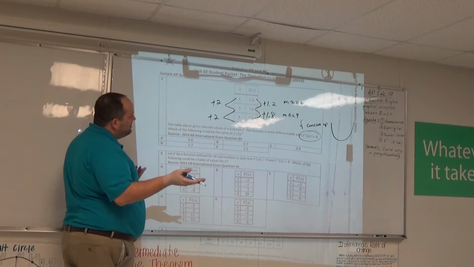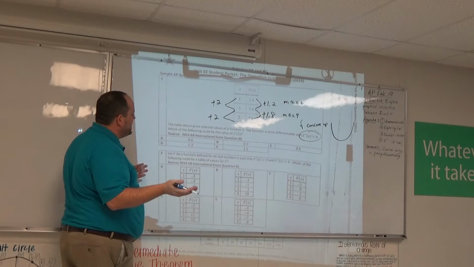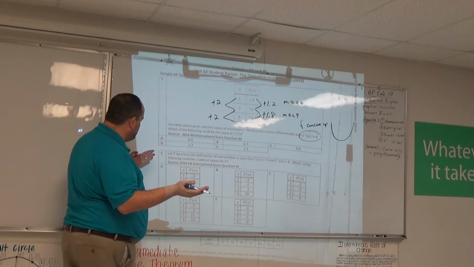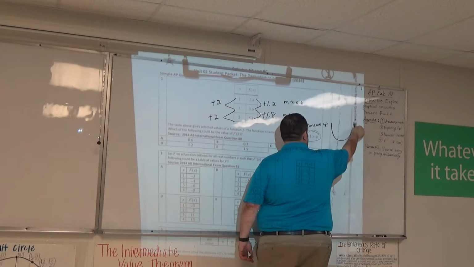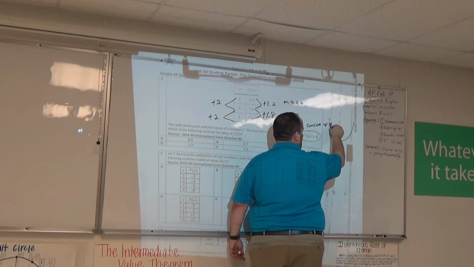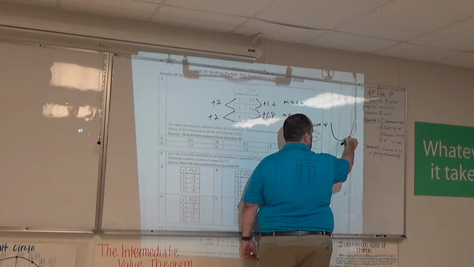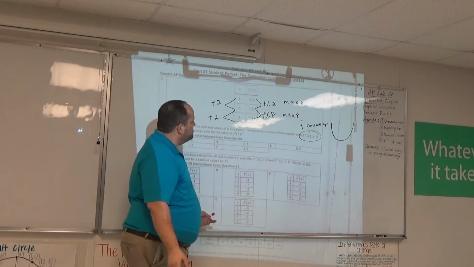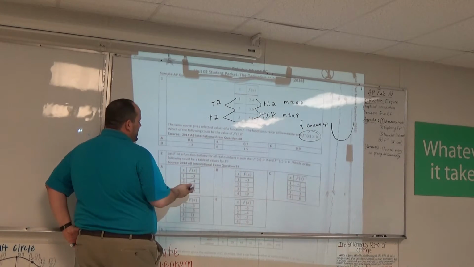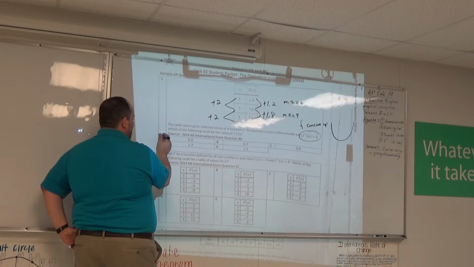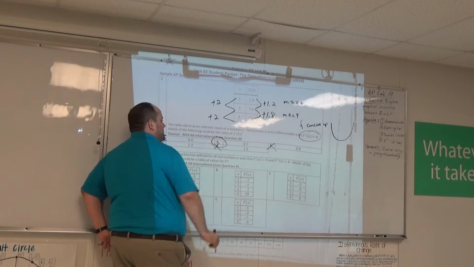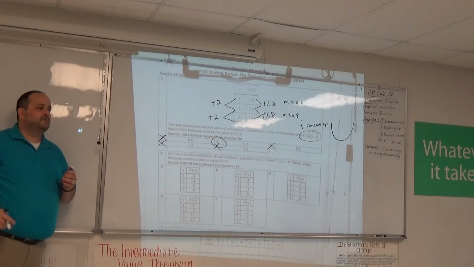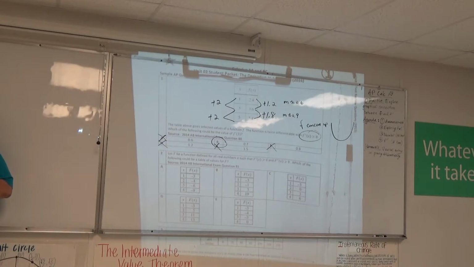If the graph is concave up, my slopes have to be increasing. They go from negative to less negative to 0 to positive to more positive. So I need my slope to be between 0.6 and 0.9, but not 0.6 and not 0.9, which means the only right answer is B, so Aaron and Polymon are the only two that are correct.